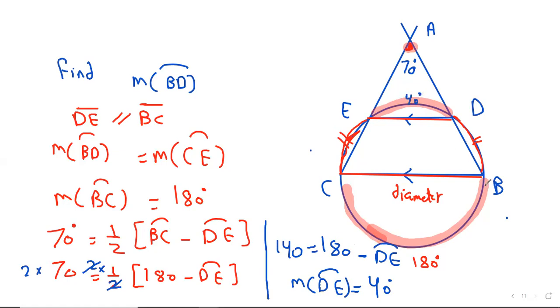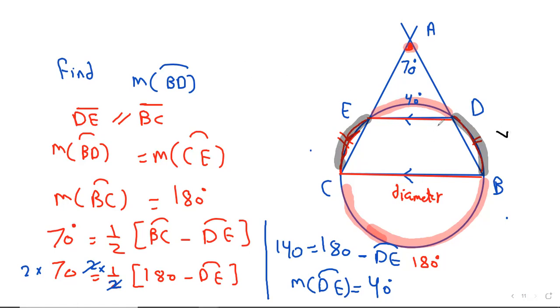You know that the arc BC here is 180. Look at the circle. Try to understand, don't panic yourself about writing. Just understand it. This arc is equal to this one, and this one is 40. So the three arcs here in the semicircle above BC equal 180.